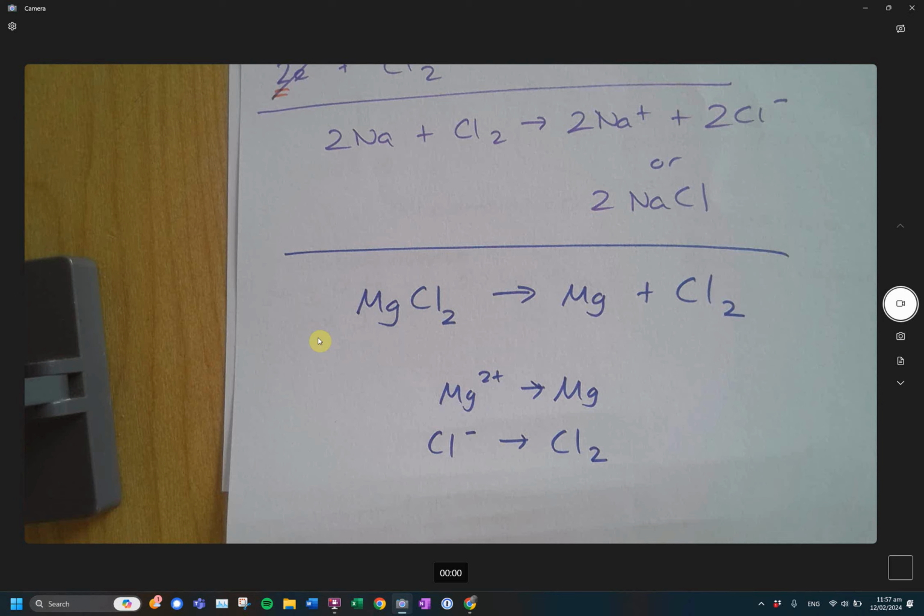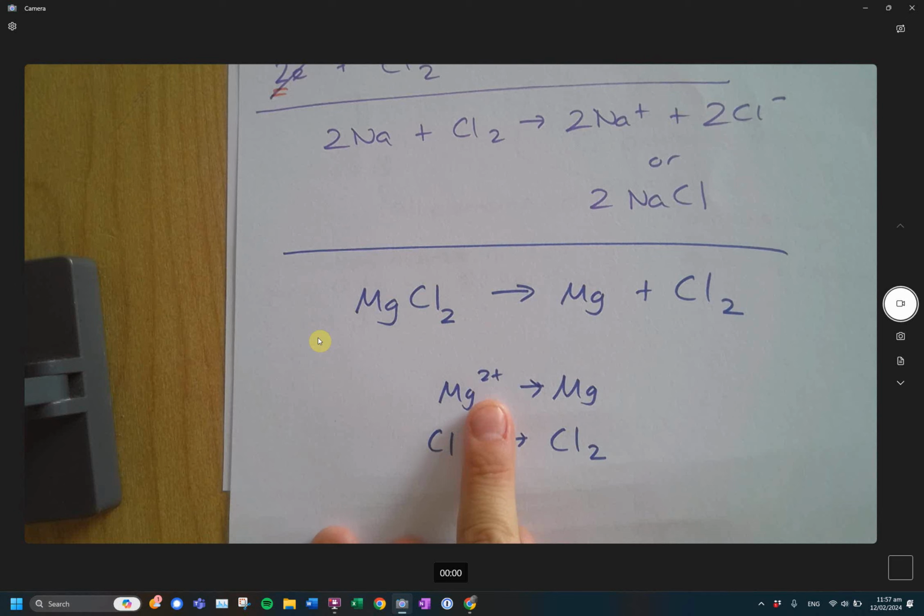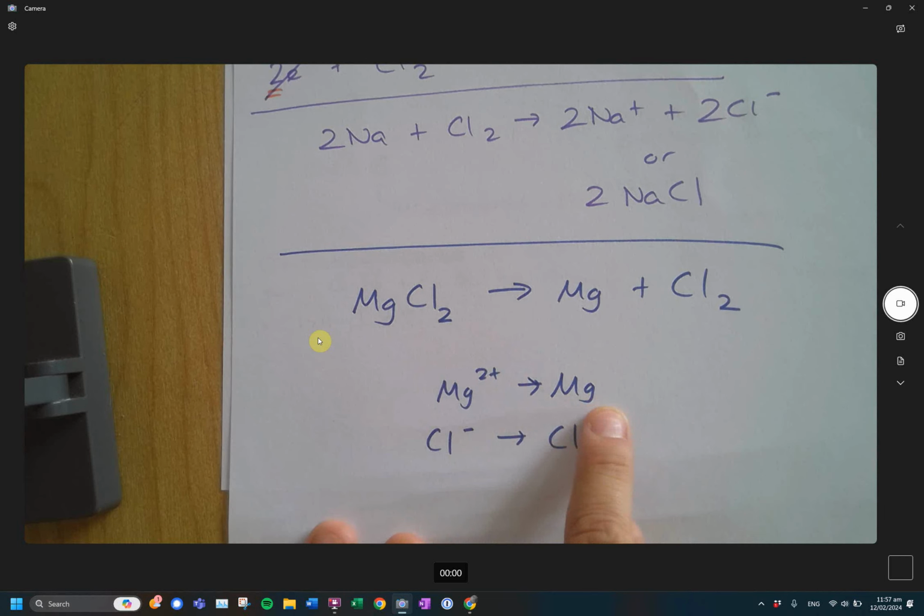All right, so when I look at that first equation up there, I see that my oxidation number is +2 and it's gone down to 0. So there's a decrease in oxidation numbers. I can see my charge has gone from having a +2 charge to having no charge. So have I gained or lost electrons? Gained them.